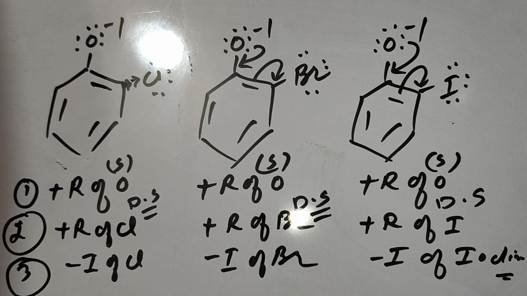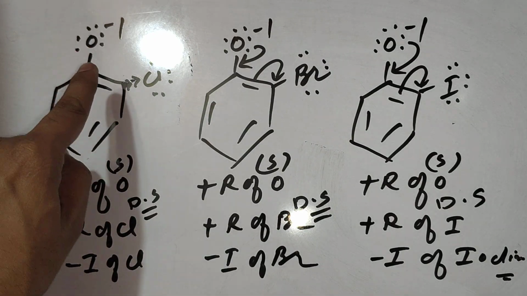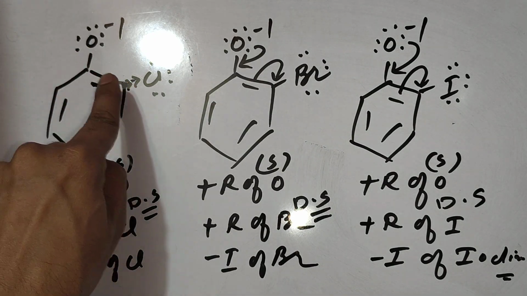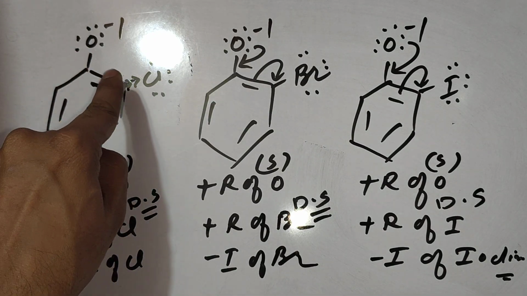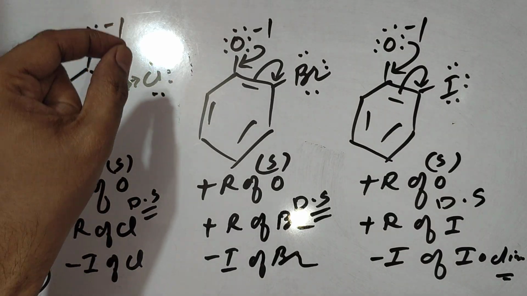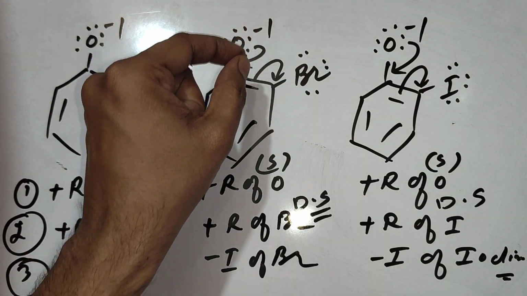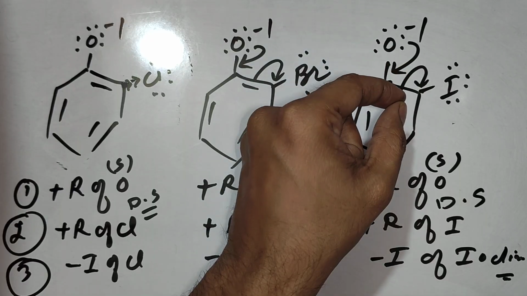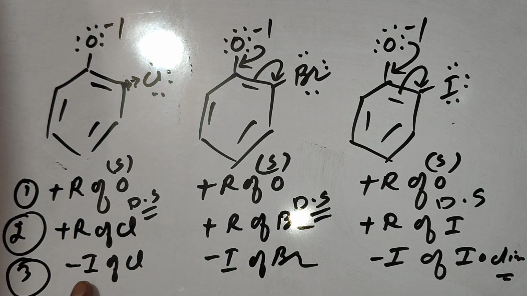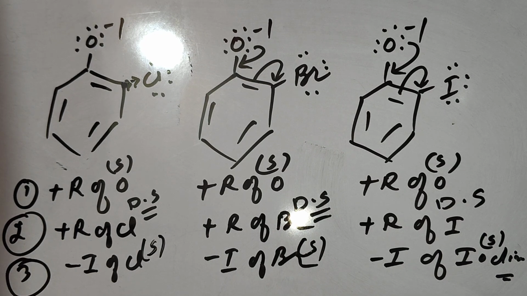And this minus I effect is going to stabilize this anion, because when electrons transfer toward chlorine, obviously the negative charge of oxygen will decrease. Oxygen's negative charge will decrease in all three cases. So can I say it is a stabilizing factor? Yes, it's a stabilizing factor. Stability is inversely proportional to charge. More charge, less stability. Less charge, more stability.